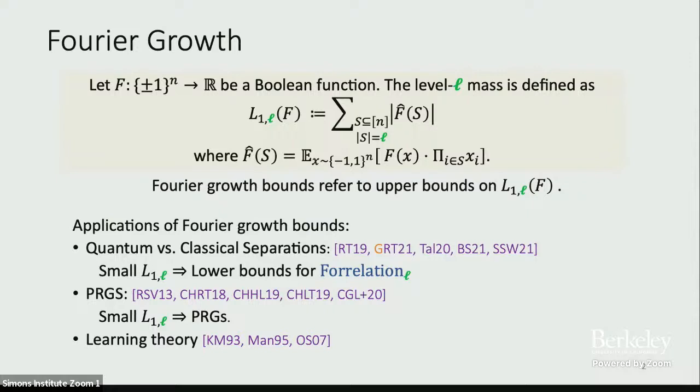Fourier growth bounds have also been studied in the context of pseudorandom generators. So roughly, functions with small Fourier growth are easy to fool. The original motivation for studying Fourier growth bounds was actually in learning theory, where it was shown that functions with small total Fourier growth are easy to learn. These are the various motivations for studying Fourier growth bounds.